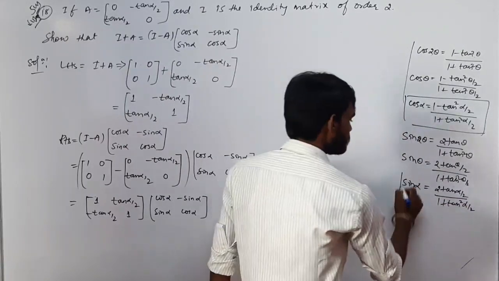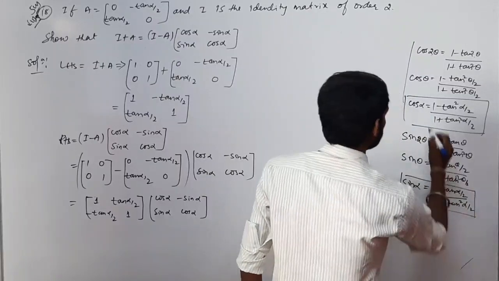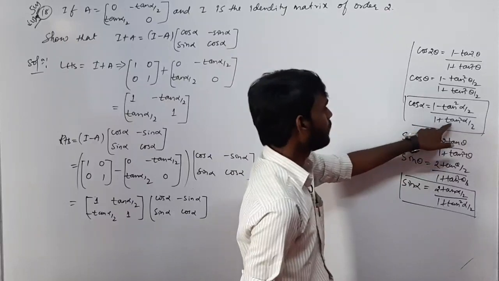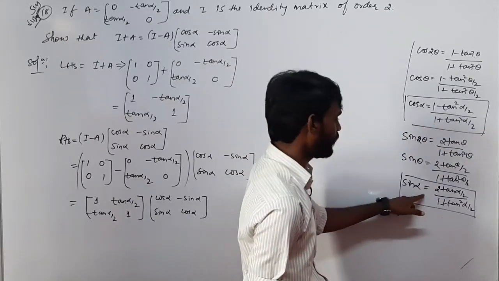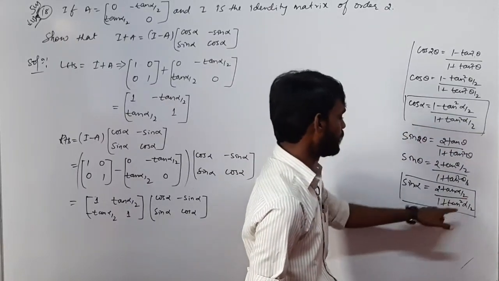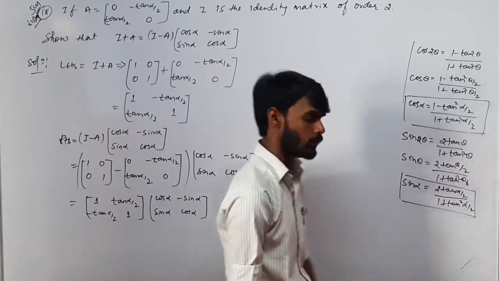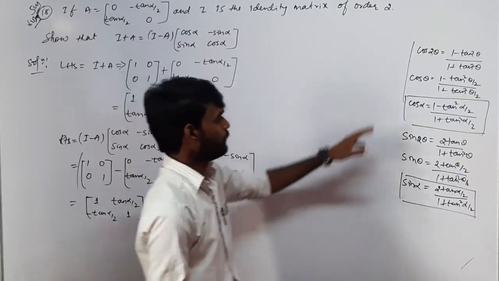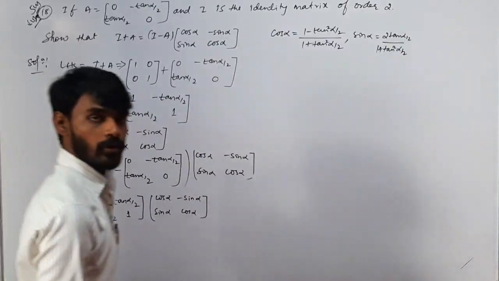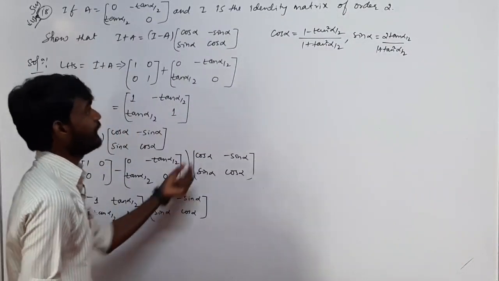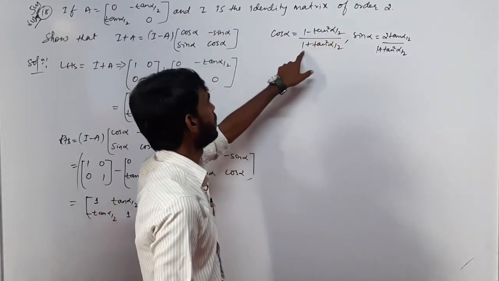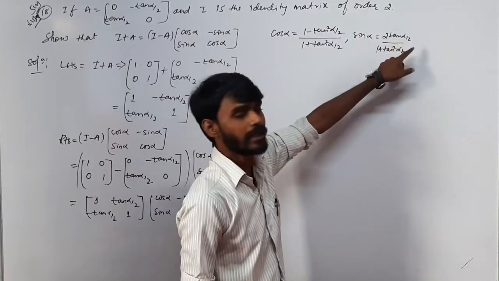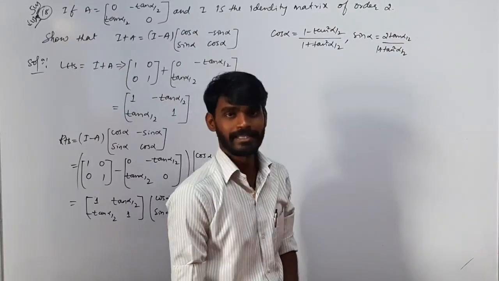So please note down these two results: cos alpha is equal to 1 minus tan square alpha by 2 divided by 1 plus tan square alpha by 2, and sin alpha is equal to 2 tan alpha by 2 divided by 1 plus tan square alpha by 2.